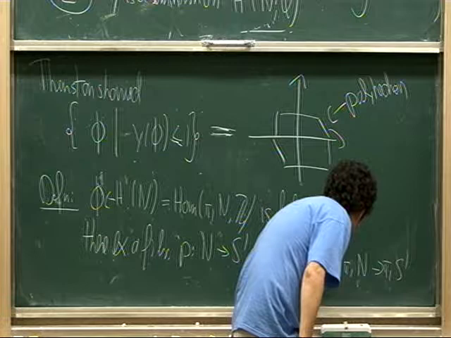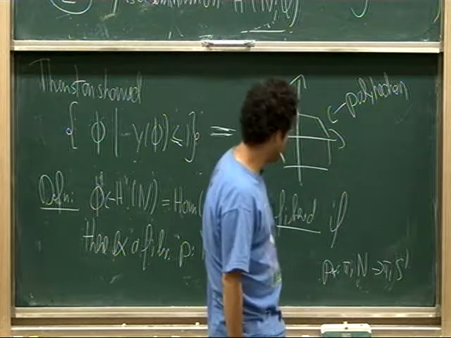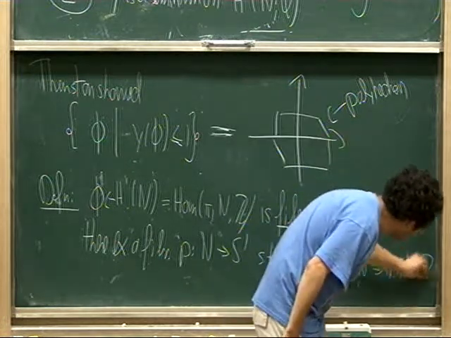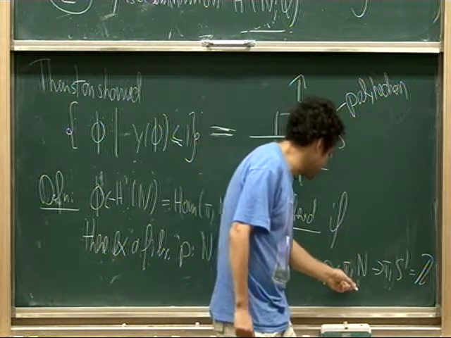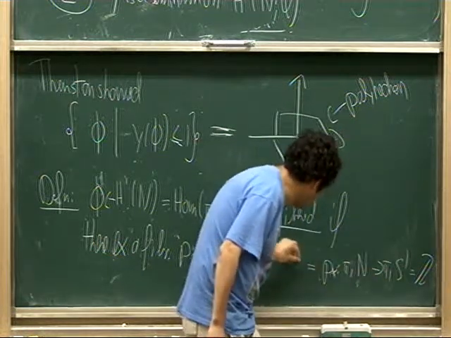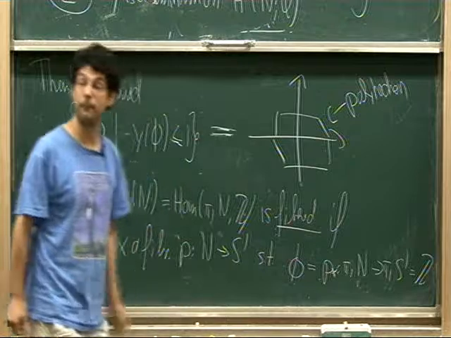And what's pi 1 of S1? That's Z. And I want that map from pi 1 of n to Z to be the same as phi.